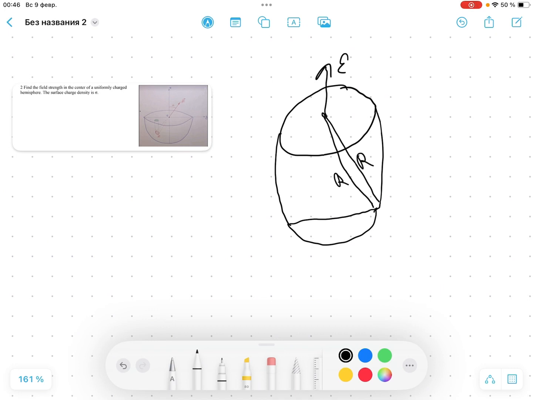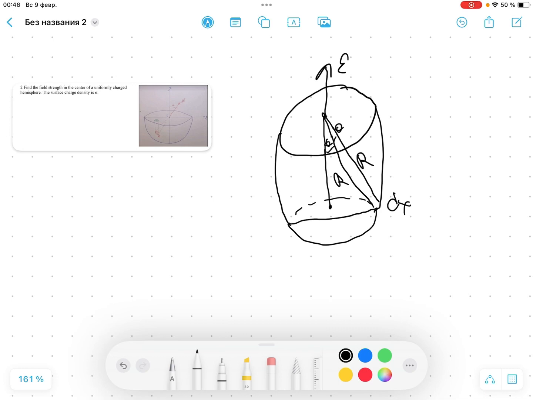So our dx will be r multiplied by a very small angle d theta, and then we have our height. Let's mark it as x, equal to r cosine theta.